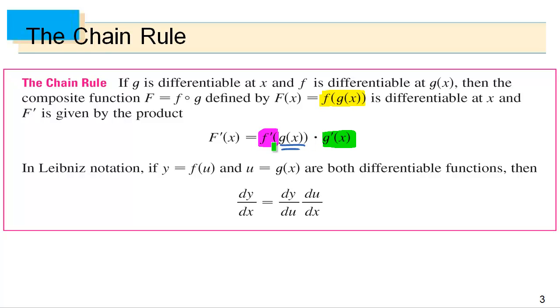Taking the derivative of the outside function is giving you this. Taking the derivative of the inside function is giving you that. And when you take their product, that's how you get the dy/dx.